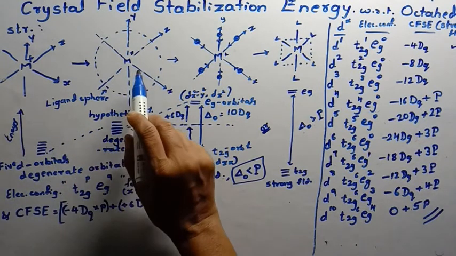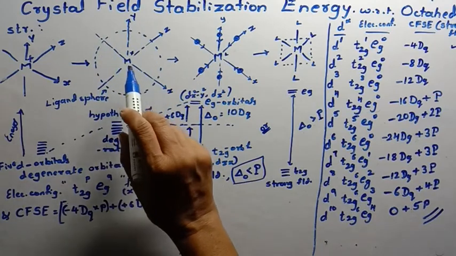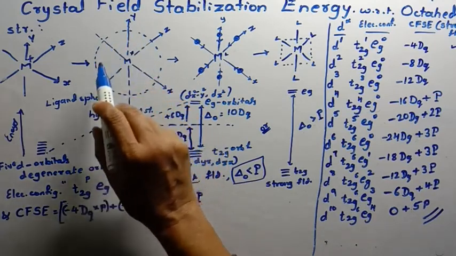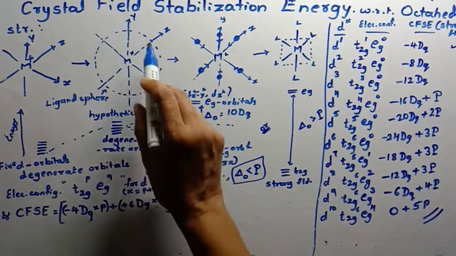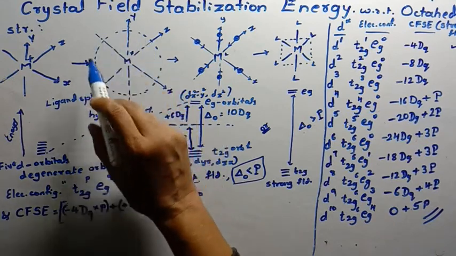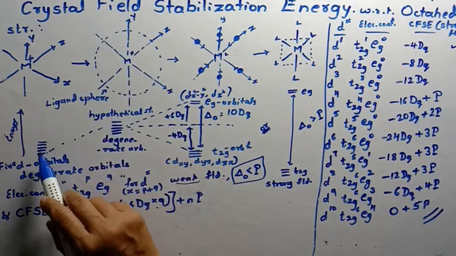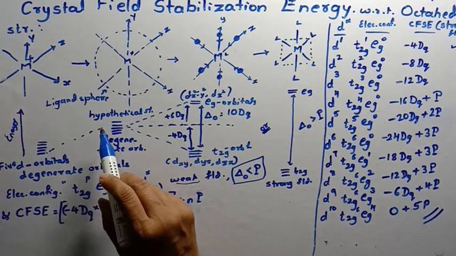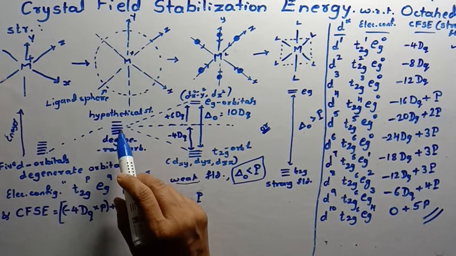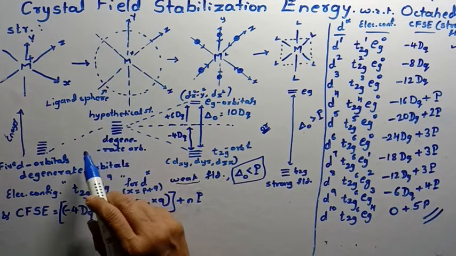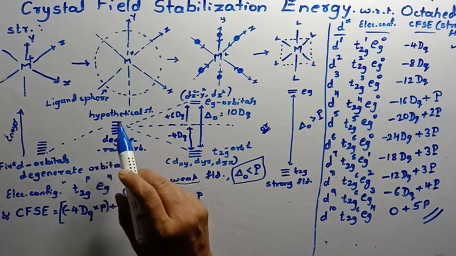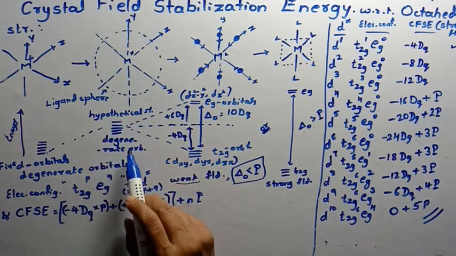When the ligands approach and surround the metal ion in the form of a spherical sphere, all the 5 d orbitals interact with equal energy of repulsion, and thereby the energy of all the 5 d orbitals is raised. This is a hypothetical state, still degenerate.